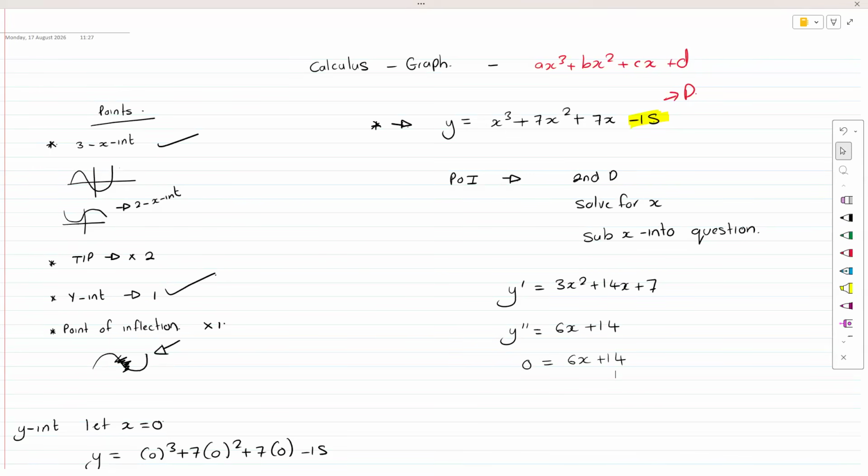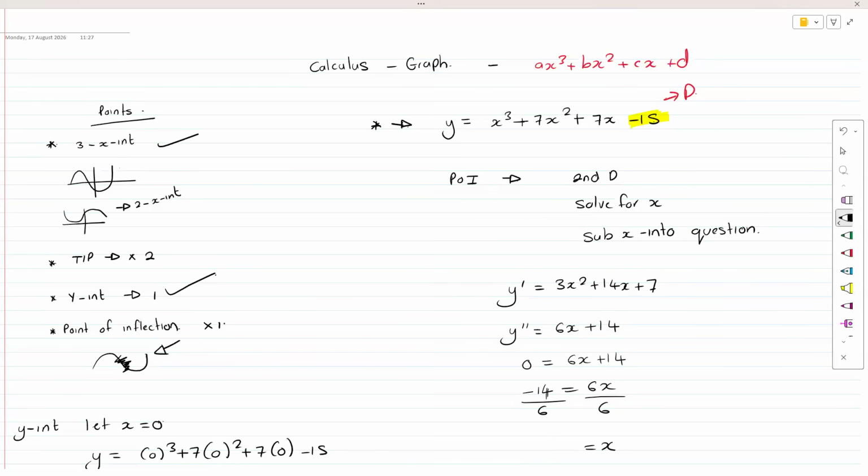And if we solve, we get minus 14 over 6. Minus 14 equals 6x, divided by 6, divided by 6. X equals minus, well, 2 and 1/3, right?